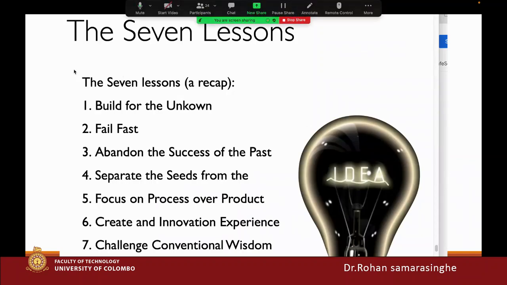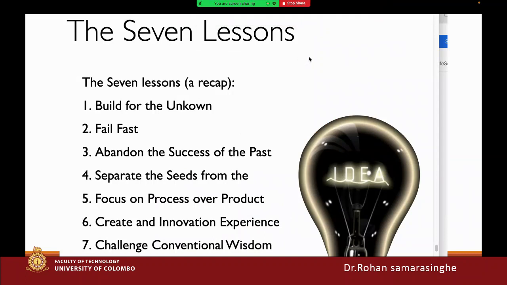When we consider innovation, we have to understand the 7 lessons for any type of innovation. The 7 lessons can be explained like this: build for the unknown, fail fast, abandon the success of the past, separate the seed from the weeds, focus on process over product, create an innovation experience, and challenge conventional wisdom.